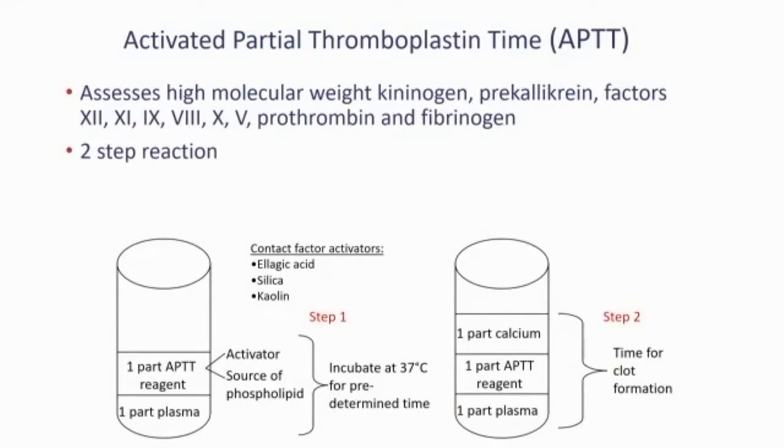So we need the contact activators to work with prekallikrein, high molecular weight kininogen, and factor 12 and move them from zymogens over to their activated form in order to participate in the coagulation. After that predetermined time, we then add calcium, and we're able to time for clot formation and give you a time in seconds.